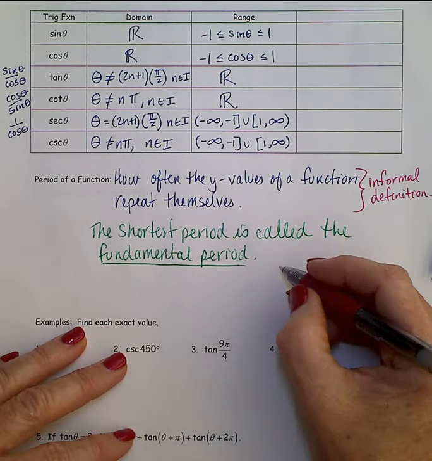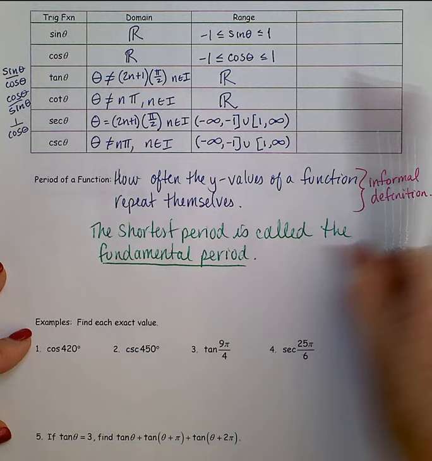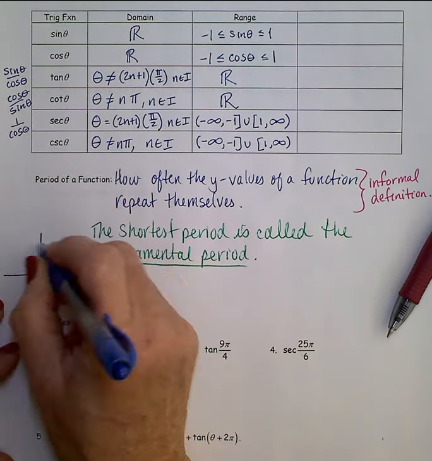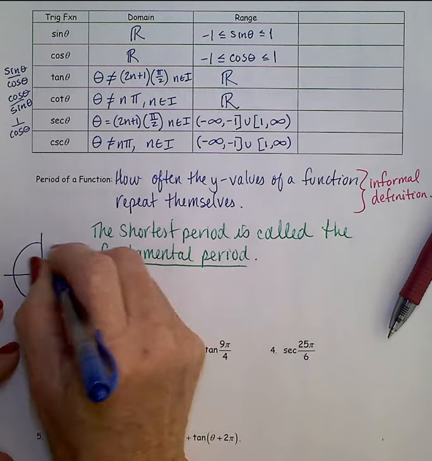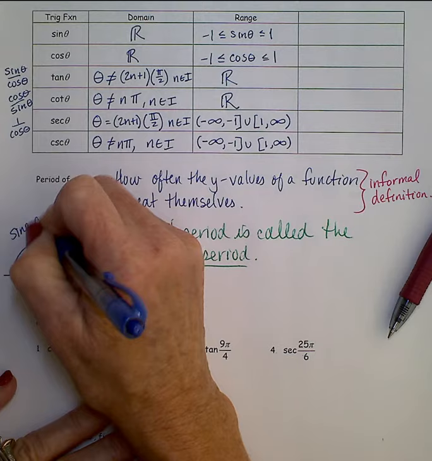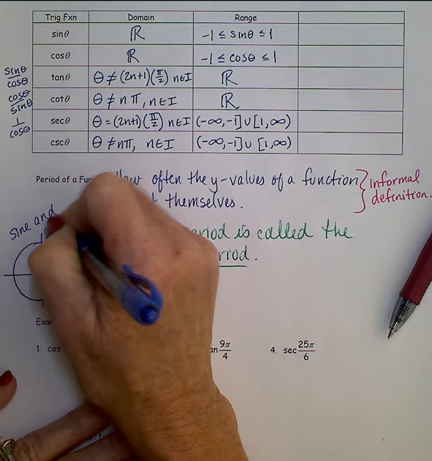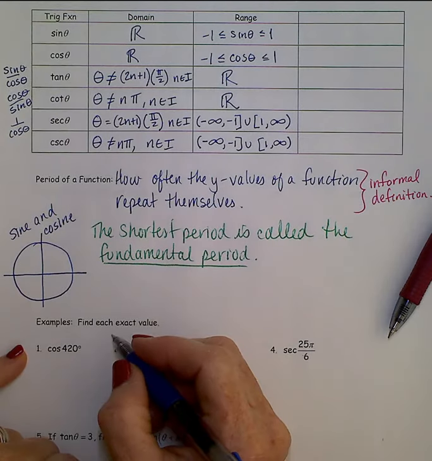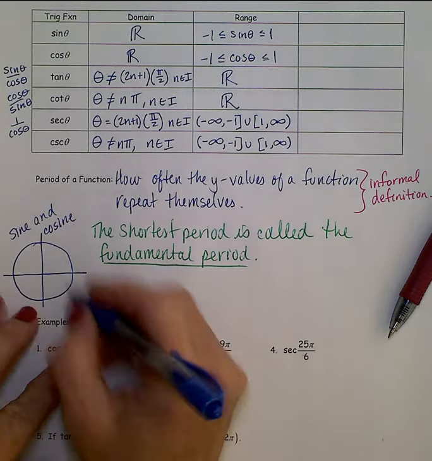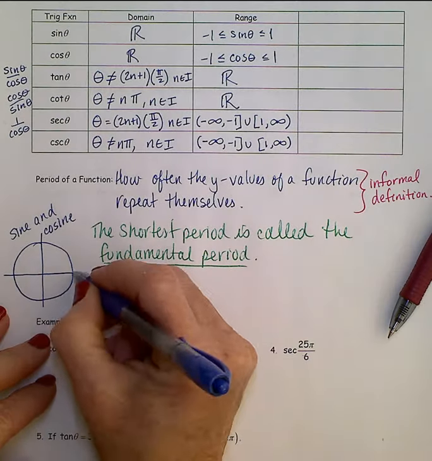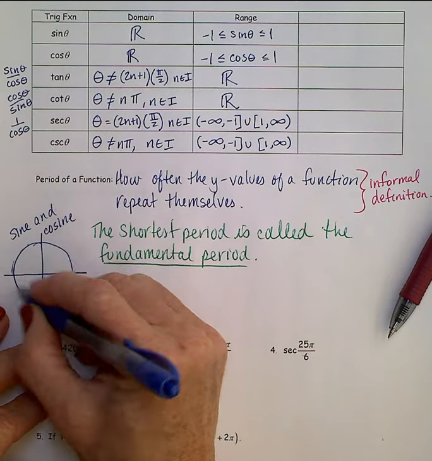All right, so let's go back and talk sine and cosine for a minute. Sine and cosine are going to repeat themselves every 2 pi, every 4 pi, every 6 pi, every 8 pi. One time around is 2 pi, and during the second time around we start repeating those values again.